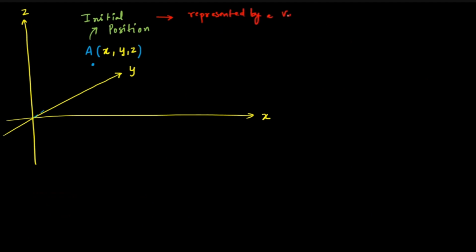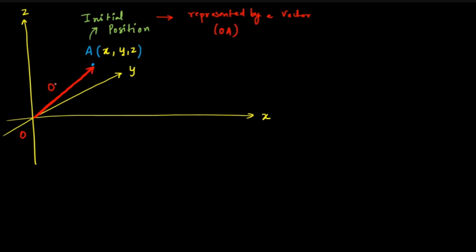I'm assuming this is the origin, and from the origin to this point A, whatever line I draw like this, this line is going to represent this vector, and this vector is represented by OA.